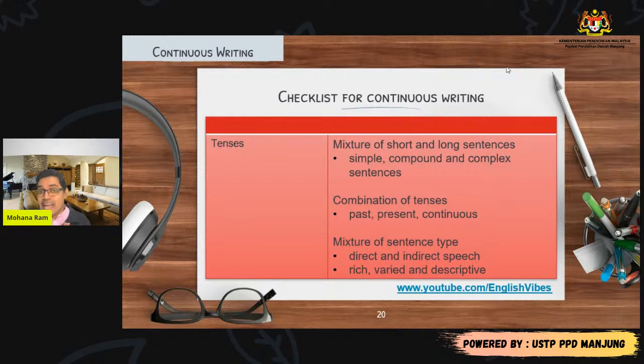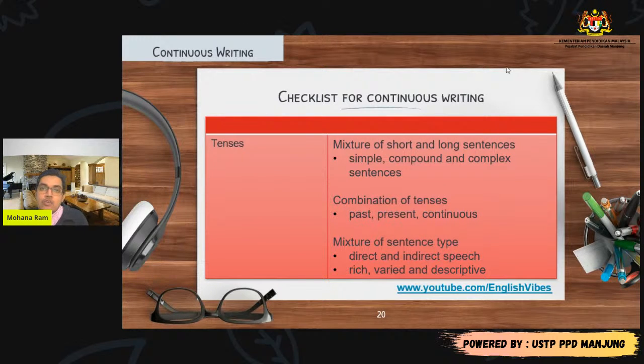But if your story is entirely in the past, meaning the whole story is in the past, you use past tense, past perfect, past continuous wherever it is needed or related. But if your story consists of present and past, then in the present part you need to use present tense, and in the past part you need to use past tense. So keep this in mind before you start writing.